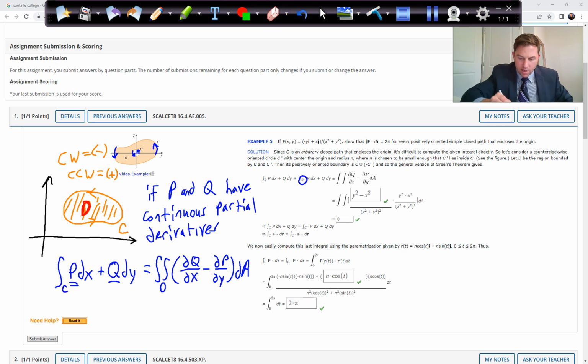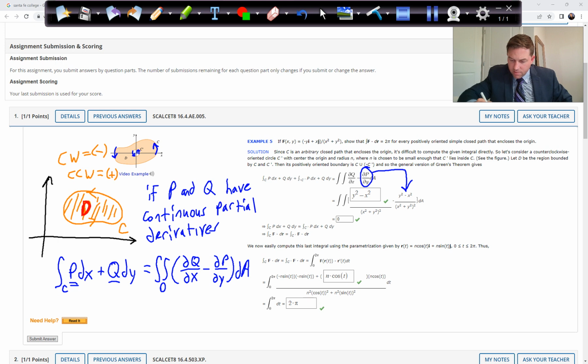Okay, so because it's a hole, we're going to take the partial Q partial x minus partial P partial y, just like Green's theorem states. And so we have to perform these partial derivatives. They did partial P partial y for us, that's right here.